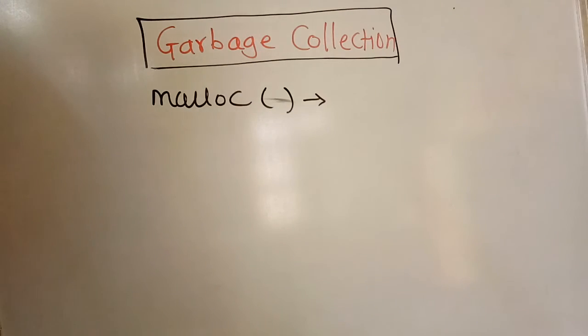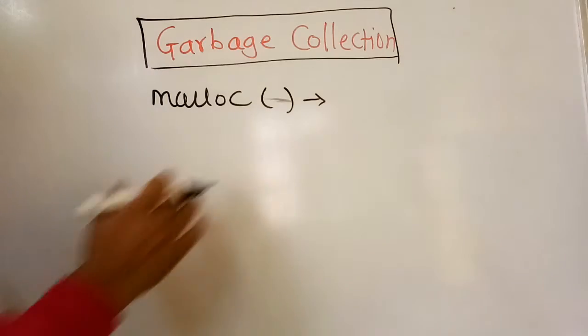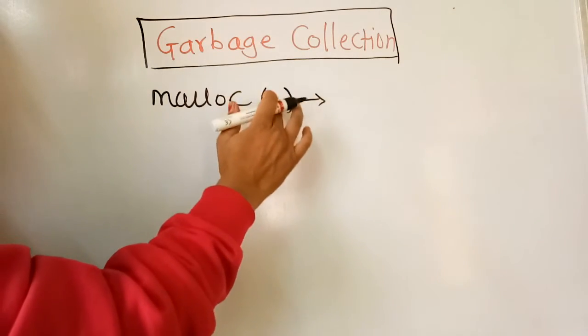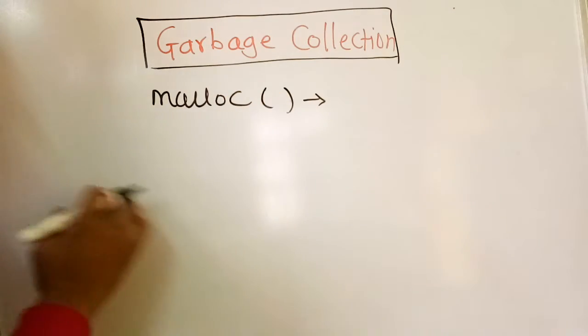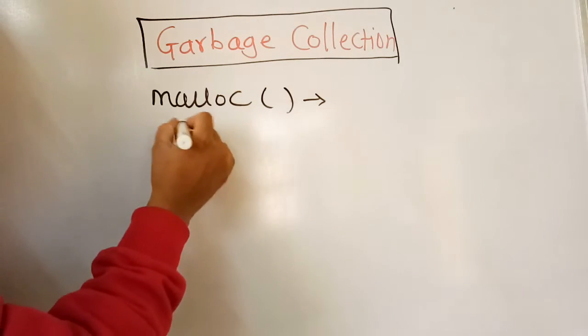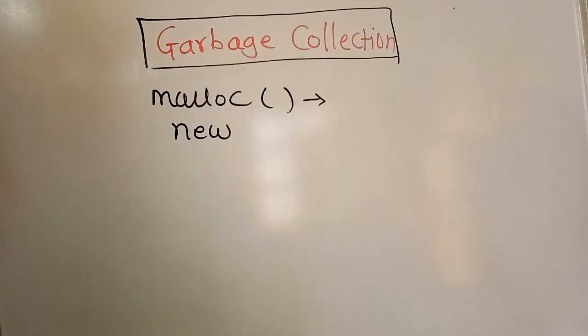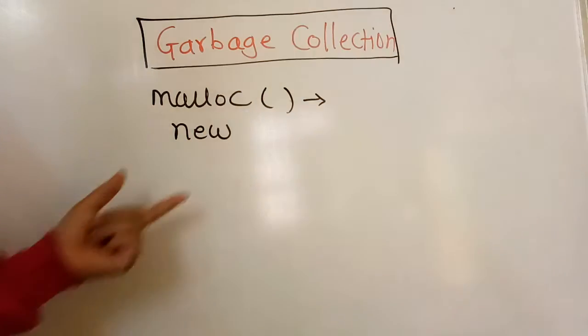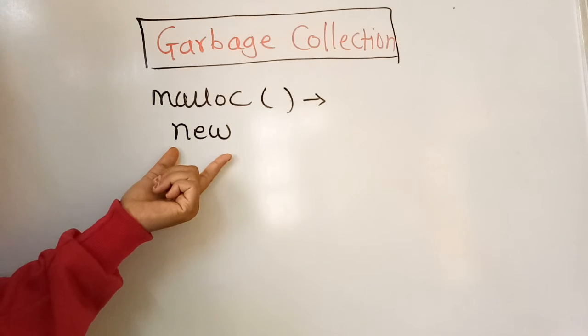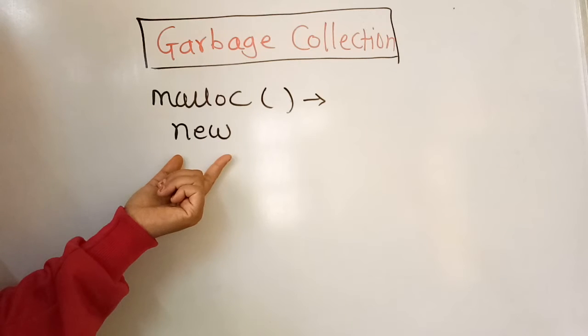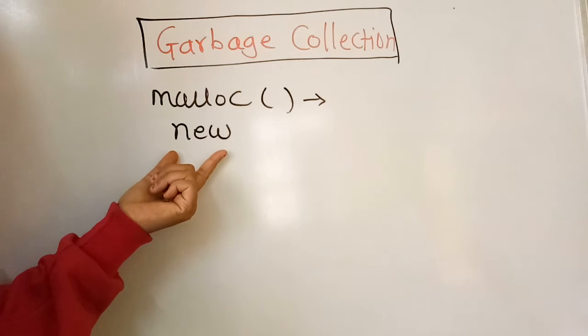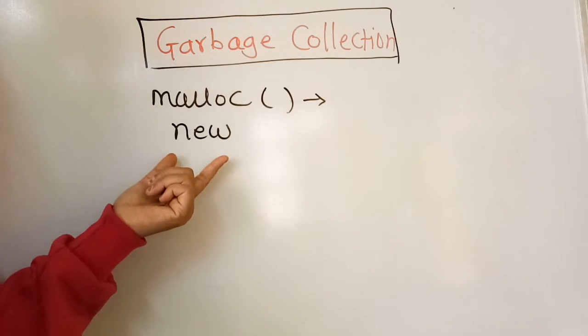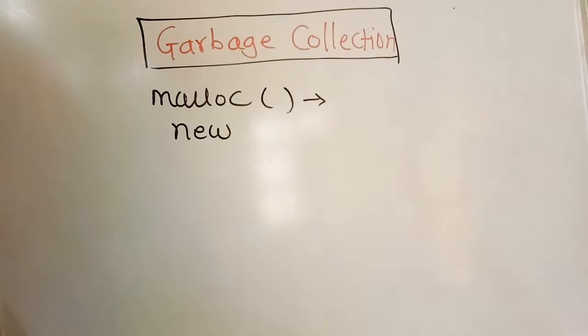But Java doesn't support this mechanism. Since each and every data is an object, it is allocated via the new operator. This will allocate space to your variables or objects. But this is not a function. It is the new operator which Java uses for allocating the memory.